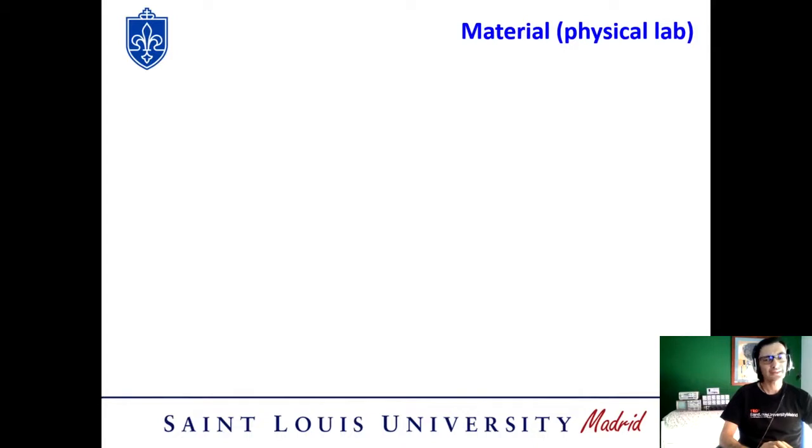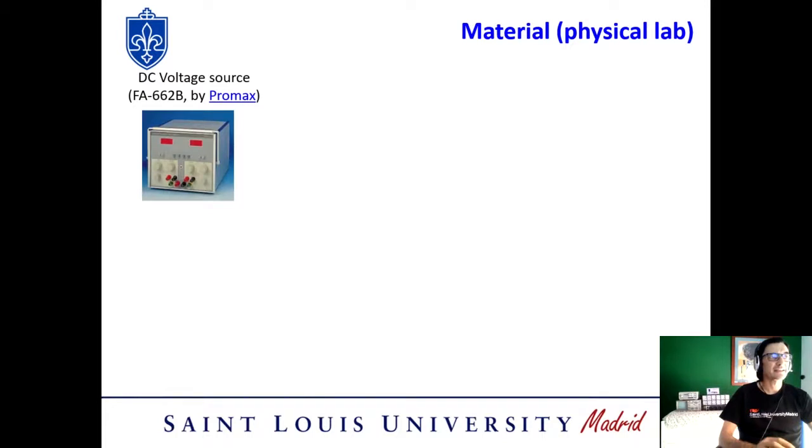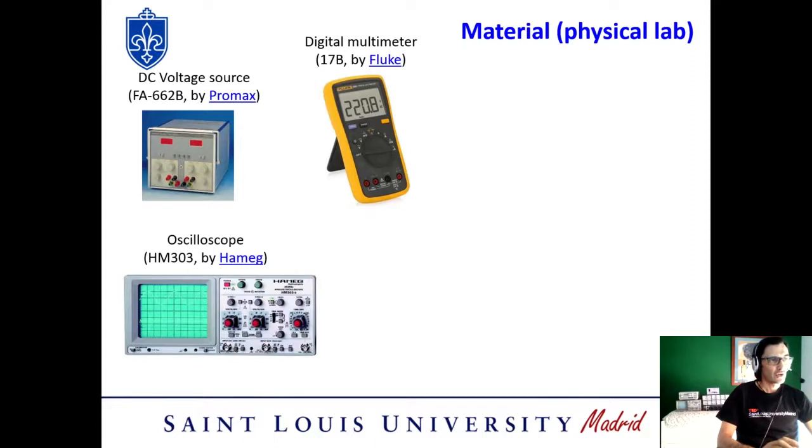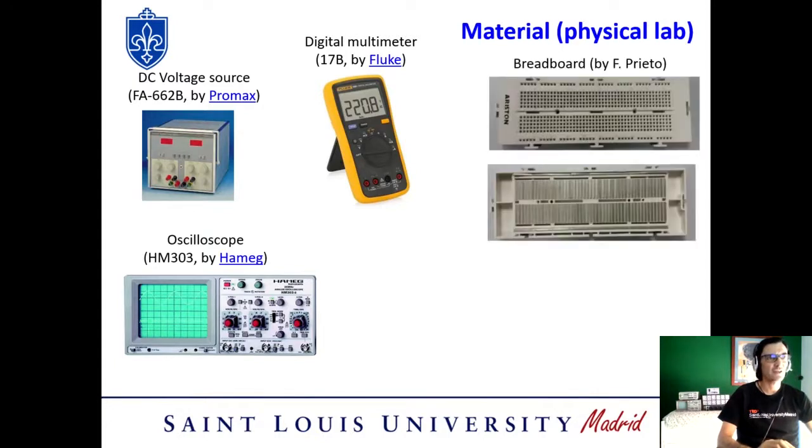So how do we do this in practice? If we were in a physical lab, we would have elements like a DC voltage source, which we already know from a previous lab, a digital multimeter, also an instrument we already know, and an oscilloscope, that's especially important for the second part, as we will see when we look at the voltage across the capacitor in the second video.